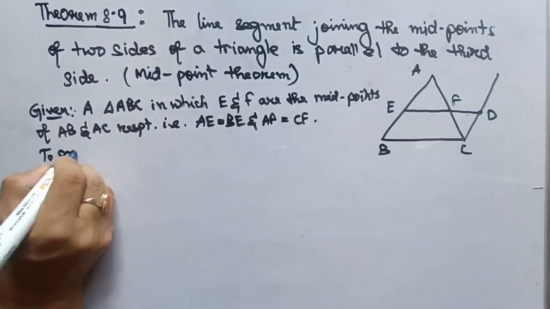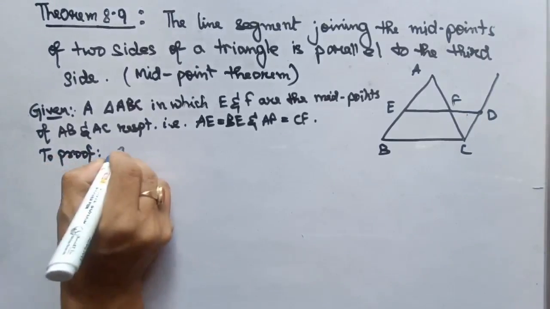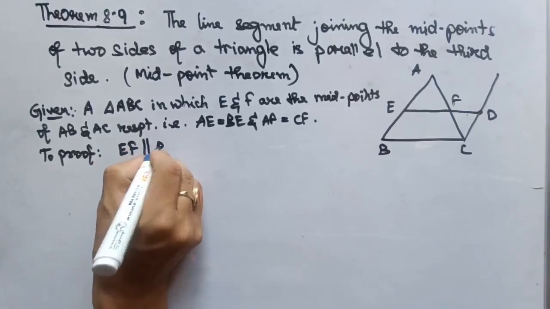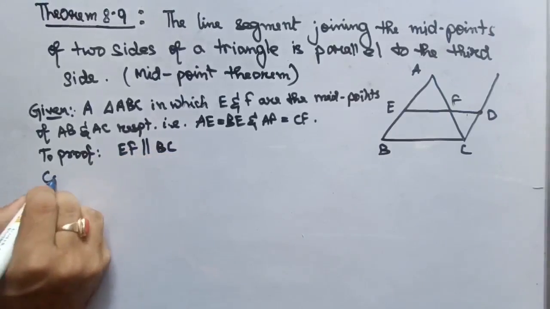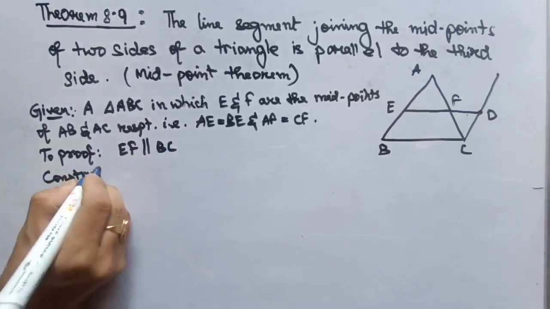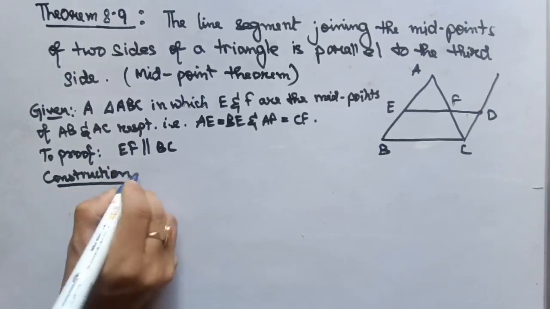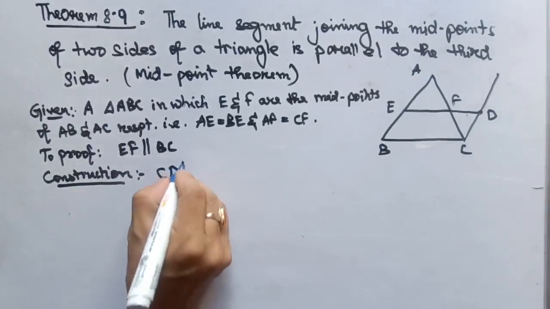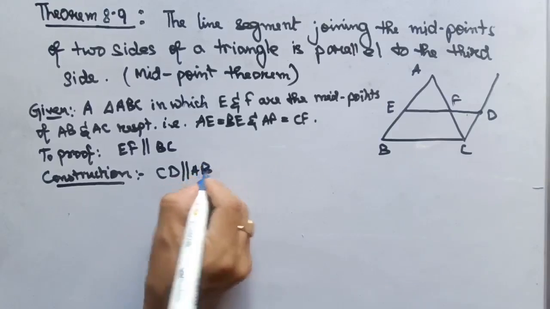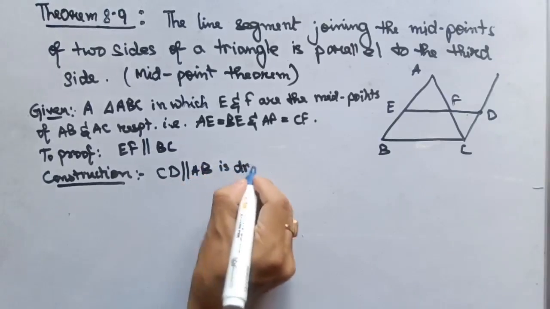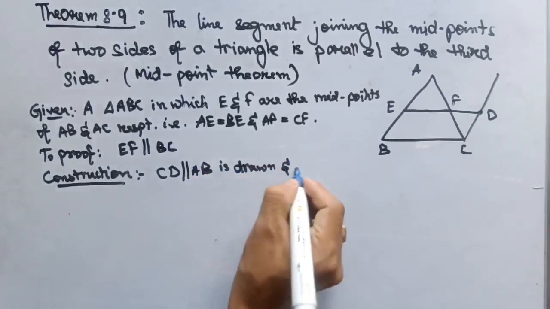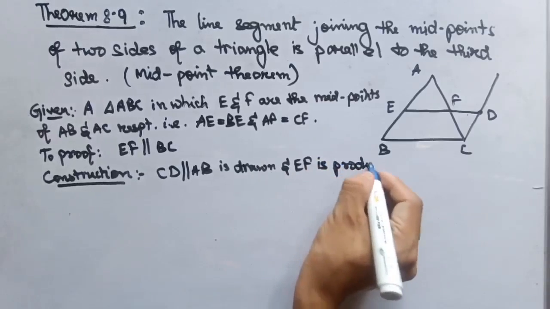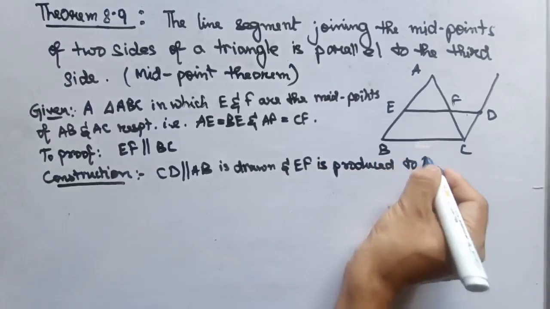To prove: EF parallel to BC. Now the construction, that is what we have constructed. Construction: CD parallel to AB is drawn and EF is produced to D.